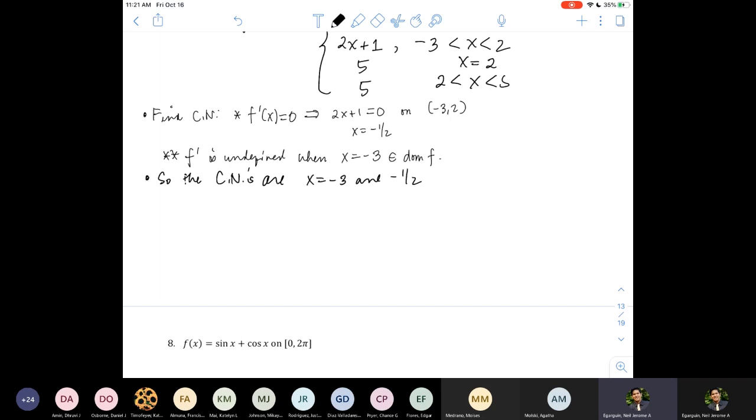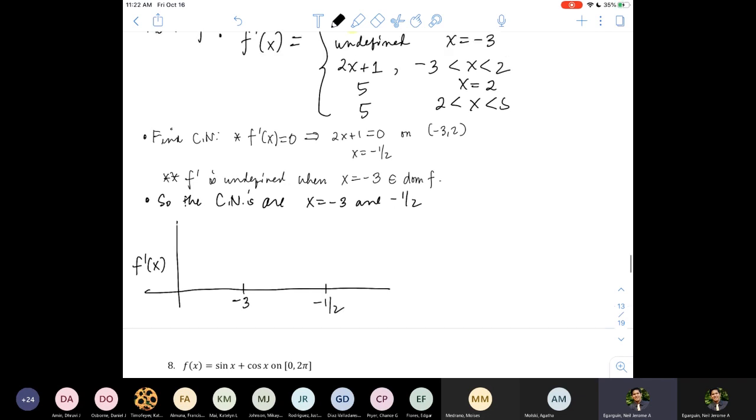Now we need to apply the first derivative test to find whether these critical numbers will give us local extreme values. So we'll draw a real number line here, which will be divided into several parts by the critical numbers -3 and -1/2.